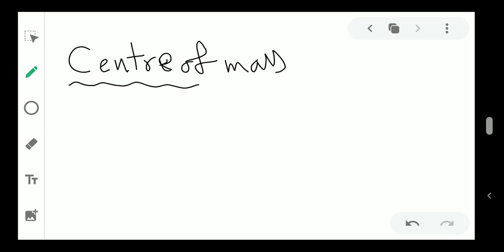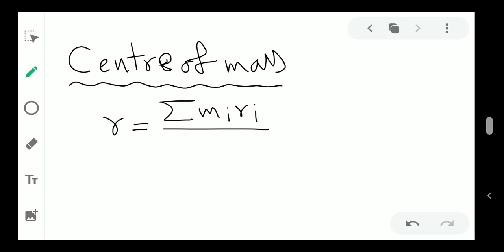We know that center of mass is a point which represents all the particles in any object, and the position of that center of mass is given by summation of mi ri by summation of mi.